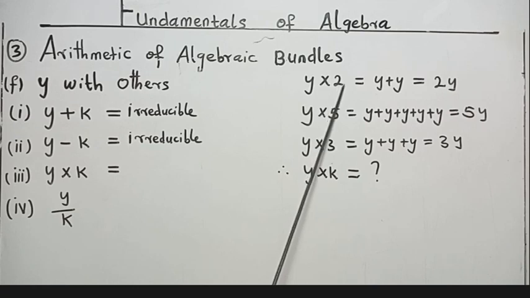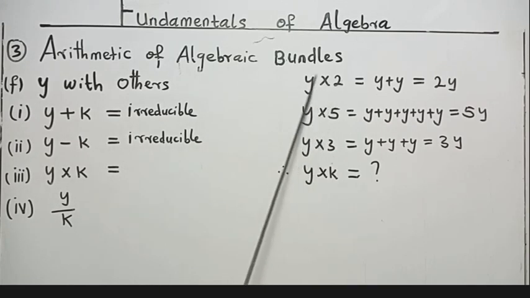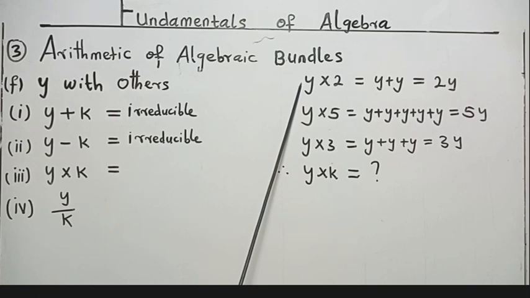Yes, if we interpret y times 2. Y times 2 means that we're going to bring y in 2 times and add them. Don't forget the meaning of multiplication. To multiply means to have the same number added to itself repeatedly. So if I say y times 2, it means let y start being added to itself, and let it happen so that it appears 2 times in the process.